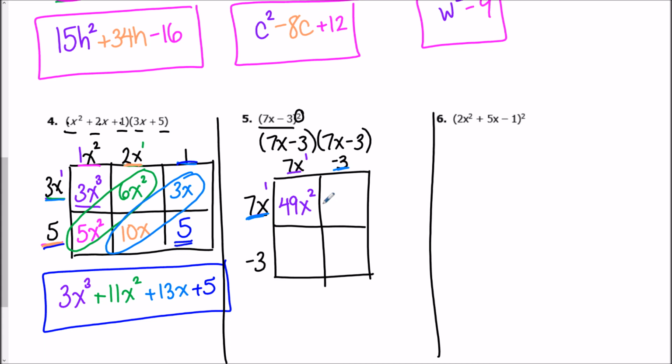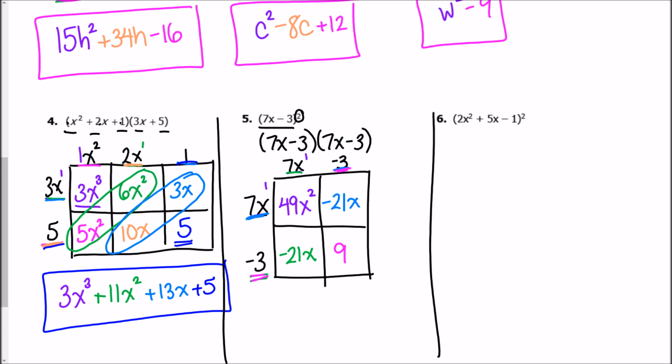So 7 times negative 3 is negative 21, and then the x just tags along. Now, I'm going to multiply negative 3 by 7x, and negative 3 times 7 is negative 21 again, and the x tags along. And then lastly here, negative 3 times negative 3 gives me positive 9.